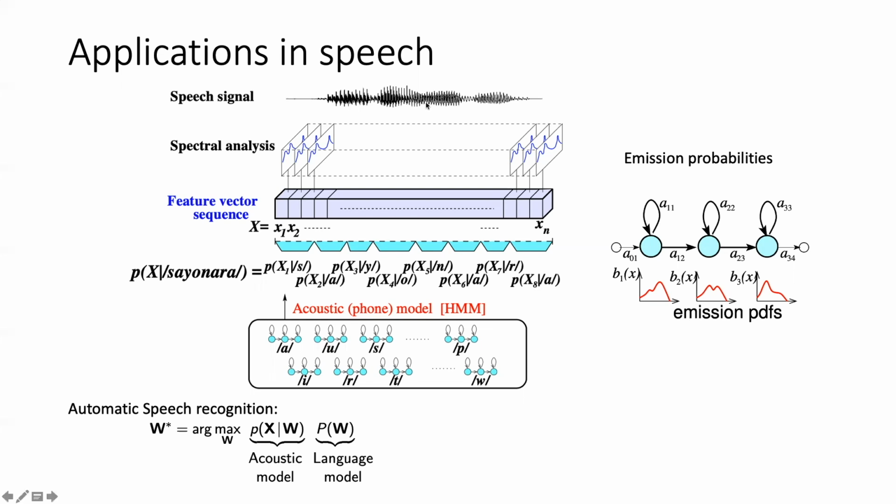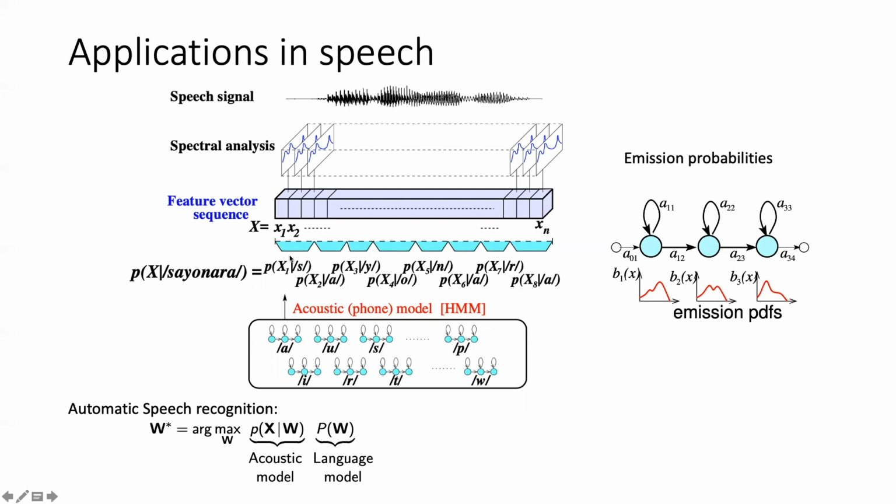Let's say given a speech signal, it is first segmented into short windows of duration 20 to 30 milliseconds with an overlap of 10 milliseconds in successive frames, and spectral features are extracted. These are used as a feature sequence x1 to xn.